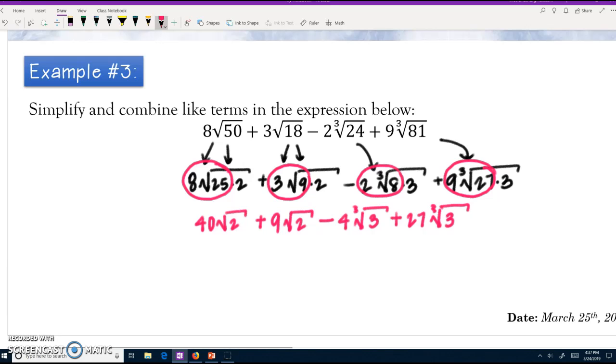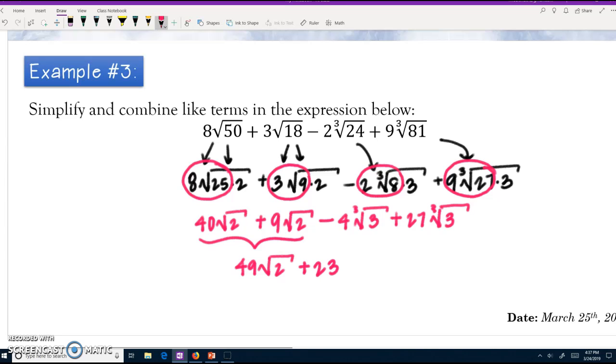So now I can combine 2 sets of these terms because 40 root 2 and 9 root 2 are like terms. 4 cubic root 3 and 27 cubic root 3 are like terms. So if I add these together, I'm going to get 49 times the square root of 2. And then here I'll have minus 4 of something plus 27 of that same thing.